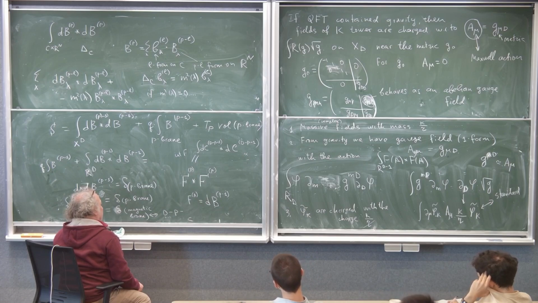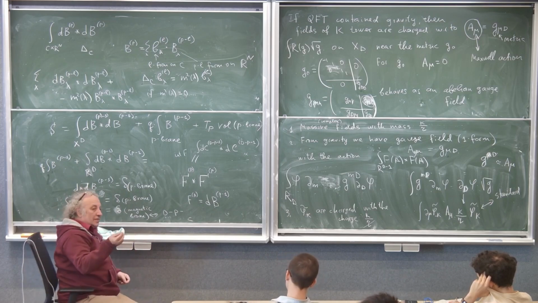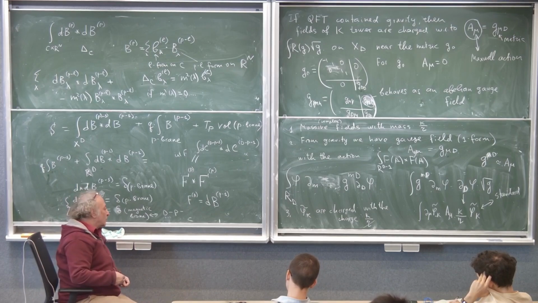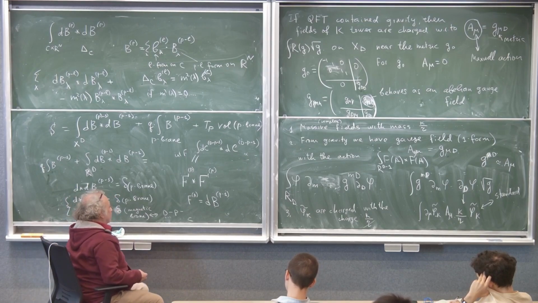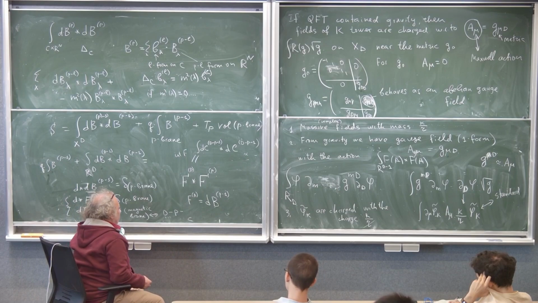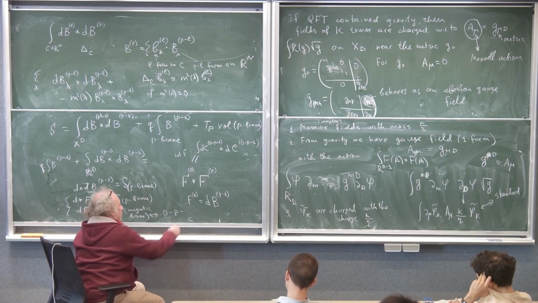So for a particle, P equals 0, and here the magnetic brane is a monopole. It's also a zero grade. So it is, I think, something like this.